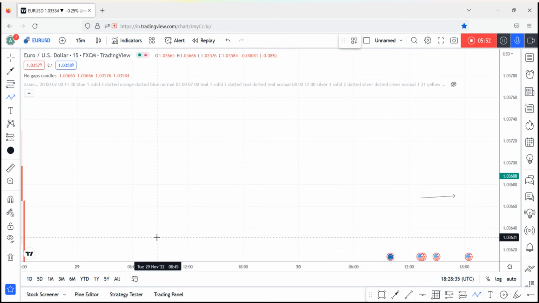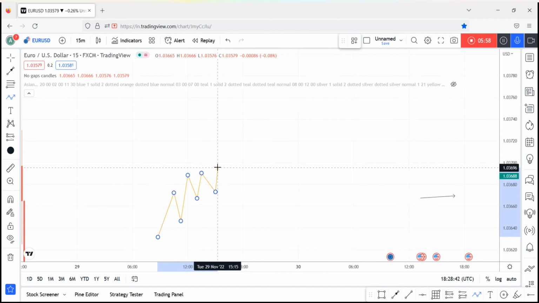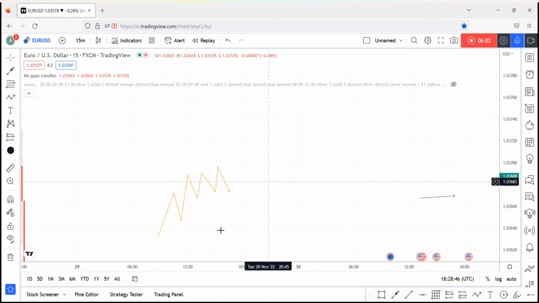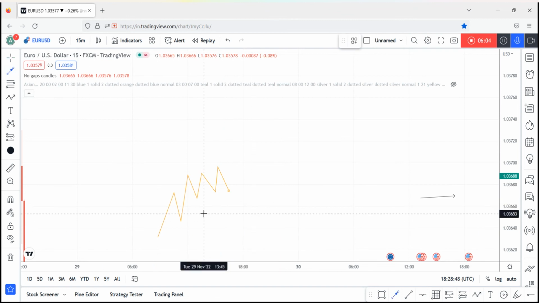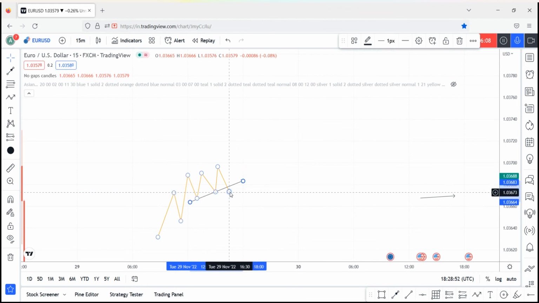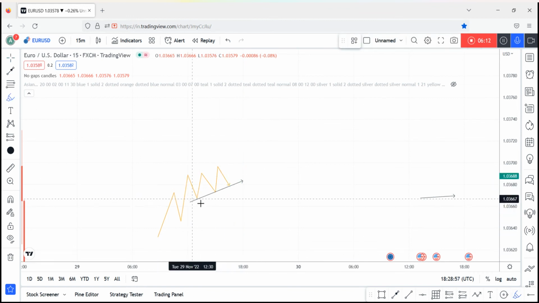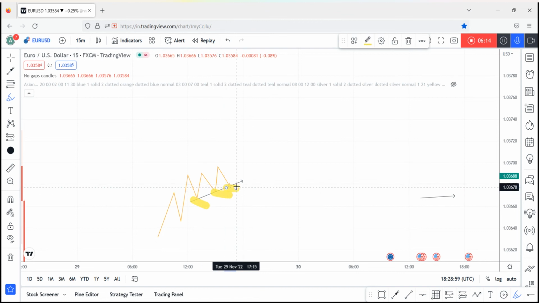So the market is moving in a bullish direction, right? The market just broke the structure and moved like this. And now again what happens is, retail traders just buy from the trend line like this. They buy from here, here and here.